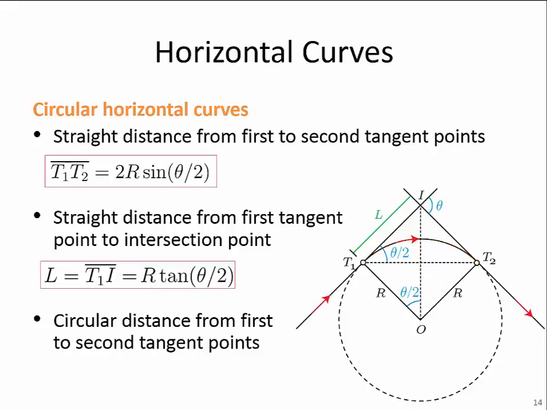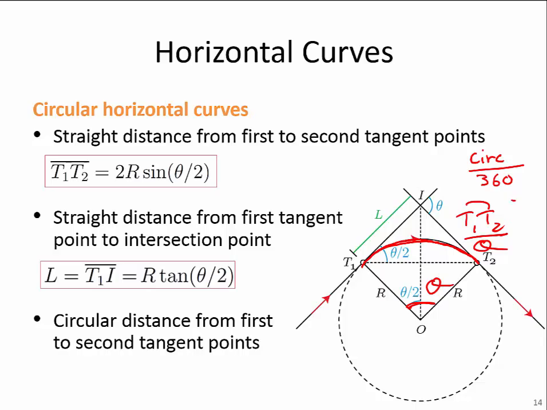So to work out this, we can just use a ratio method. So this distance, T1, T2 arc, divided by the intersection angle, or the angle between those two tangent points. The ratio of these two is going to be the same as the circumference of the whole circle divided by 360.